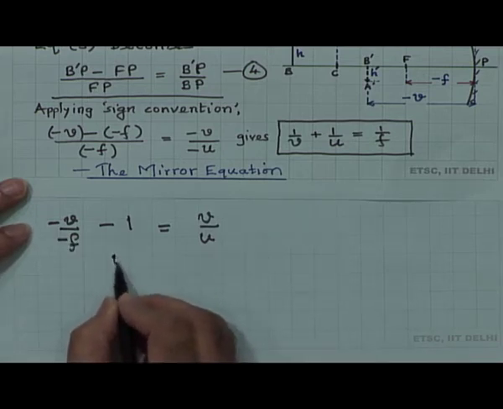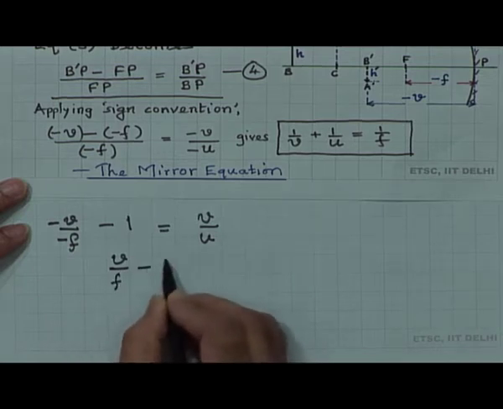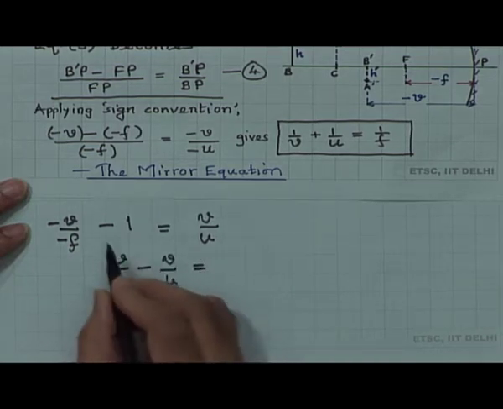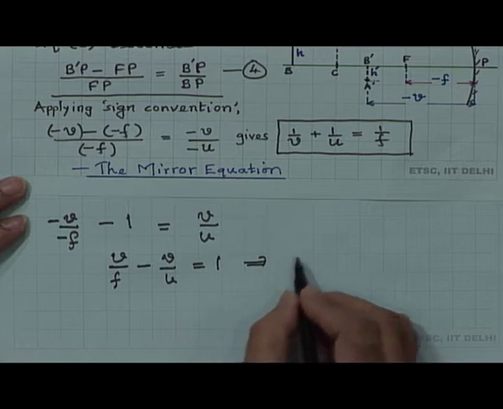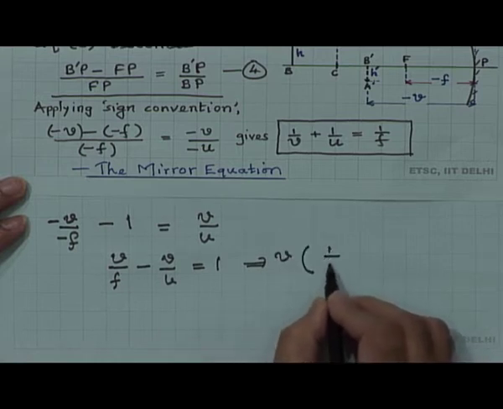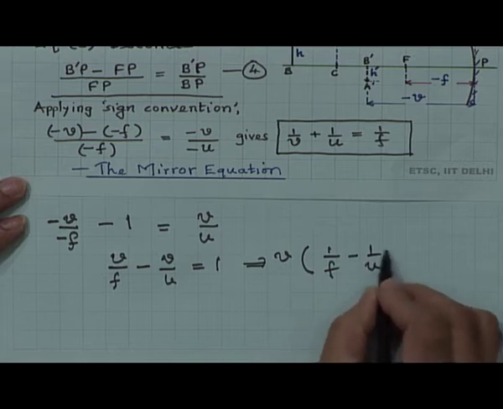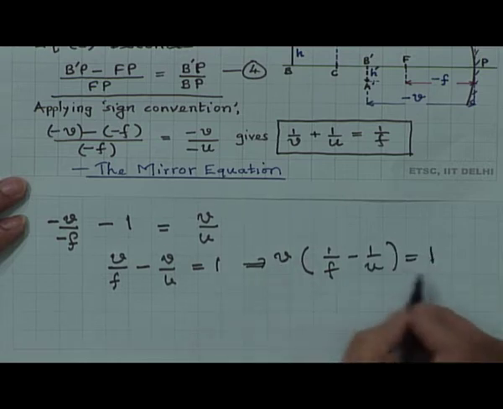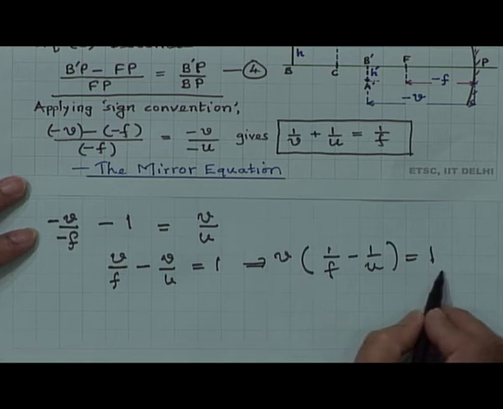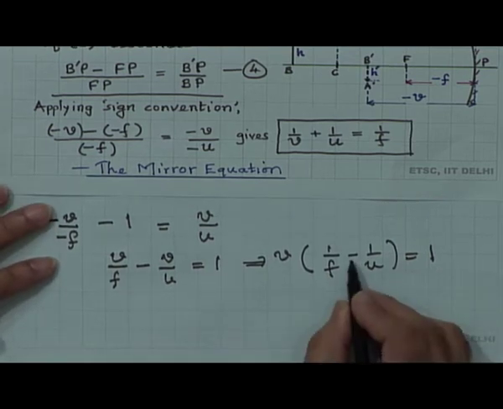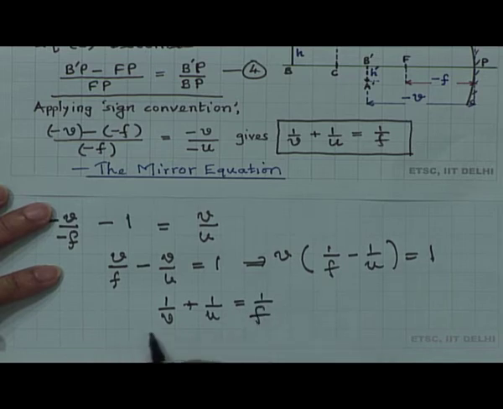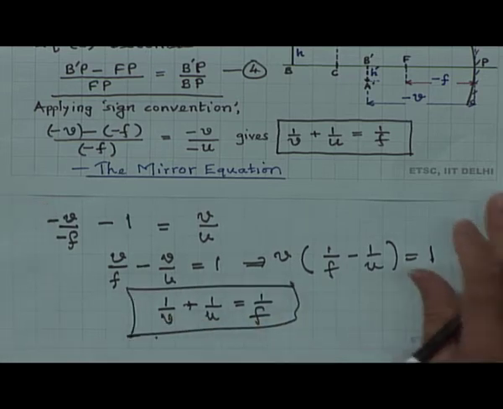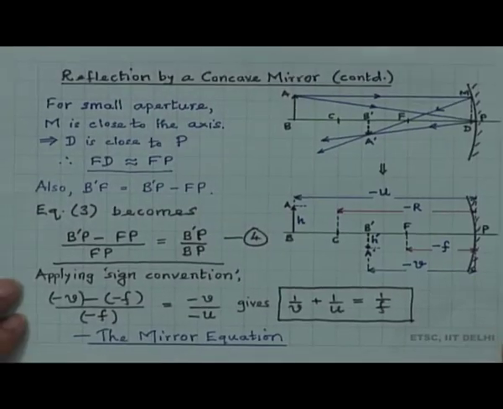So, we have v by f minus v by u is equal to 1, this 1 goes to the other side, which implies v into (1 over f minus 1 over u) is equal to 1. V goes to the other side. So, we have 1 by v on the other side, and I take this to the other side. So, we have 1 over v plus 1 over u is equal to 1 over f, which is the mirror equation. So, this is called the mirror equation.